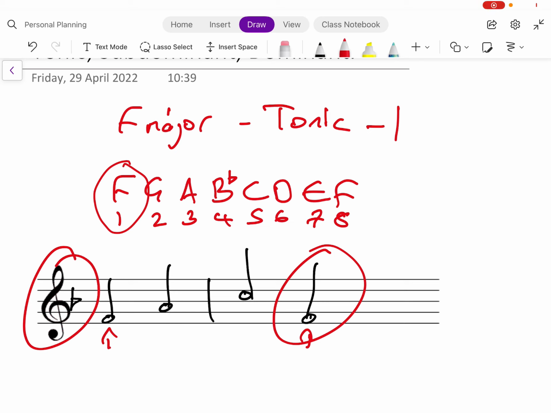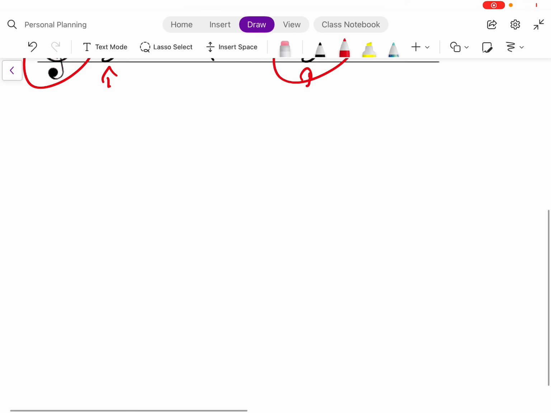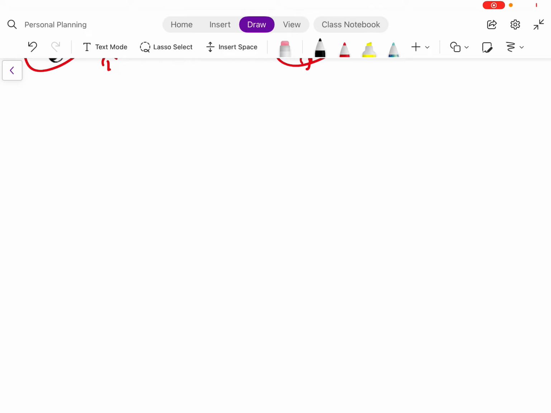Okay. Now, like I say, I'm not sure if they'll ask you to circle it or if they'll ask you just to write the letter name down. I'm not sure. But as long as you can work out what the tonic, the subdominant, and dominant is, you'll be able to answer the question. So let's quickly go over that. First step is to remember that the tonic is the first note of the scale.